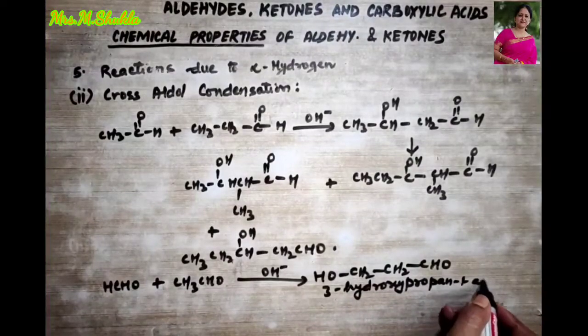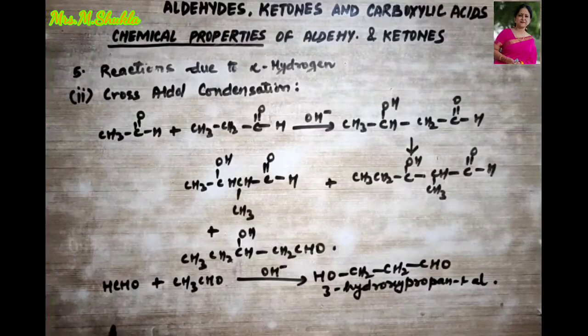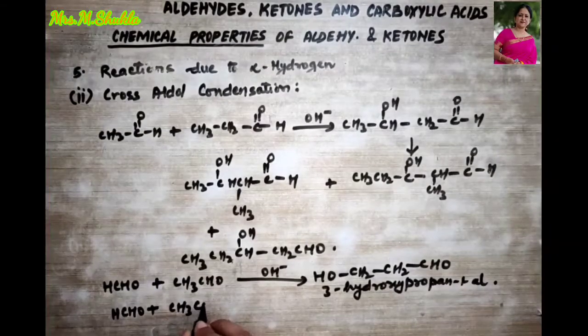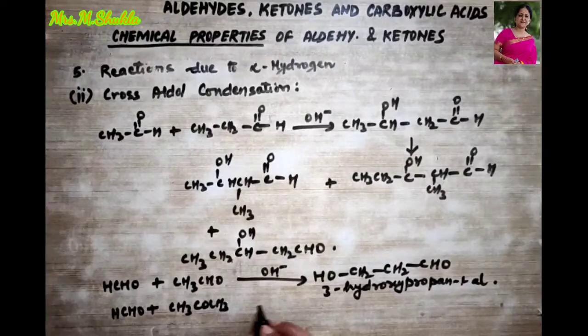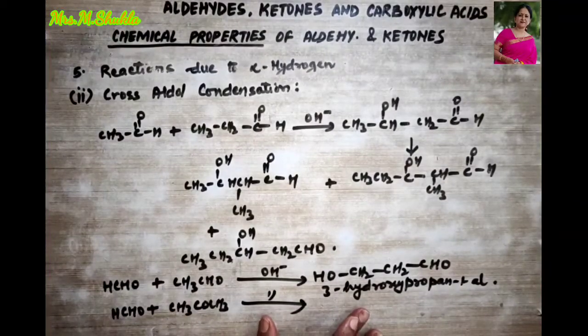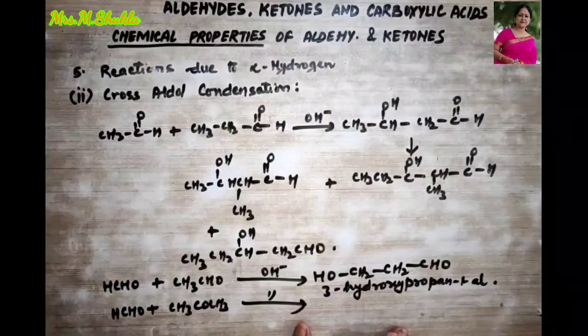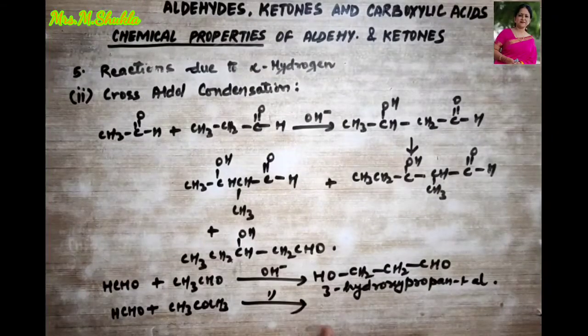propanal, right? And if we take formaldehyde HCHO and treat it with acetone, that is CH3COCH3, under the same condition using dilute NaOH, then it is going to give us what? 4-hydroxybutanone. So what is that 4-hydroxy?